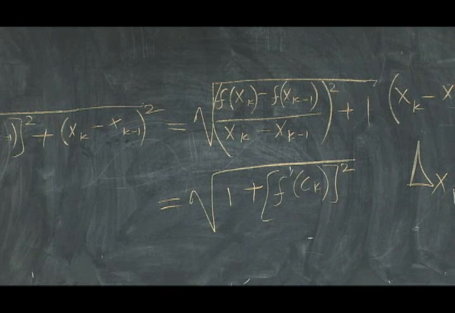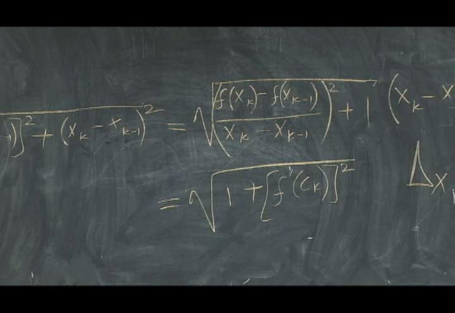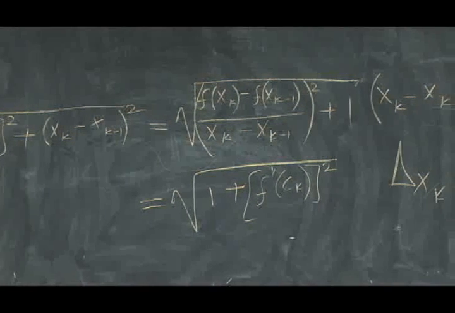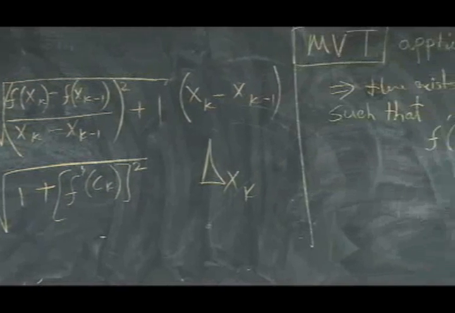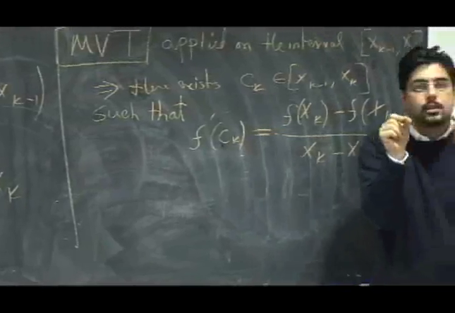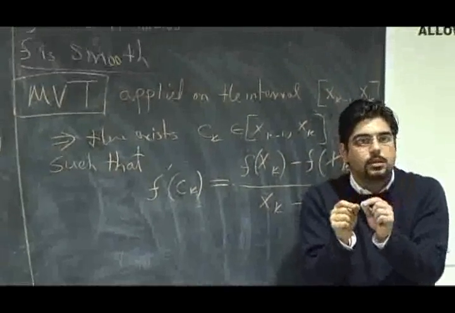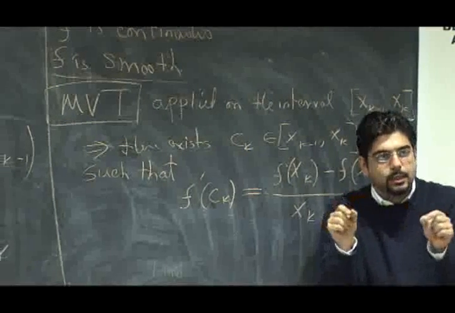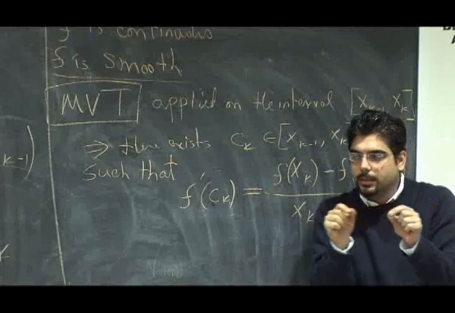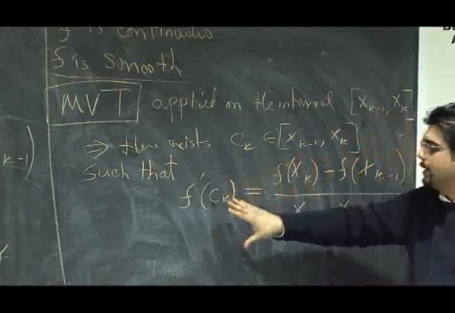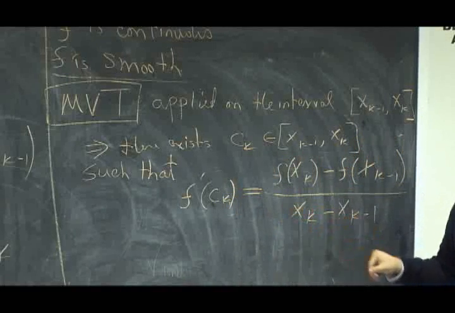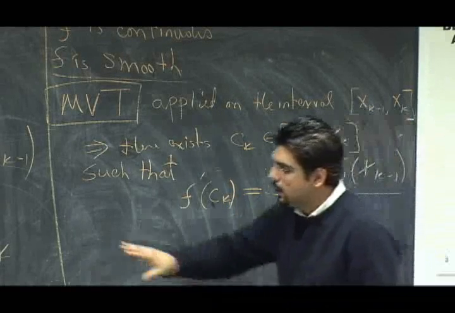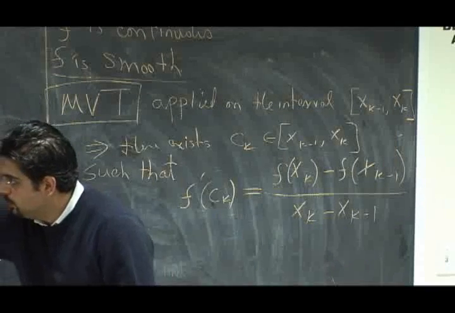This expression equals f prime of c k for some number between x k minus 1 and x k. If I make the interval smaller, that c k may change, which is fine. If I make it larger, the c k may change. Point is, however big my subinterval is, or however small, I always have a c sub k for which this is true.